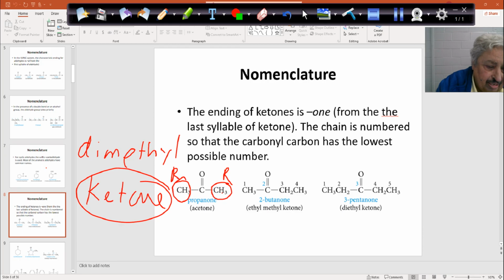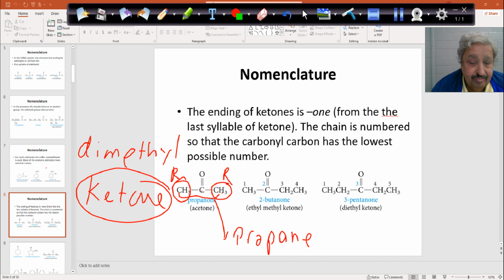So let me go on. I'll go back to benzaldehyde in a minute. So what's the real name of it? Well, the same thing we did with the alkanes, but now the ending will be different. This is 1, 2, 3, 3 carbons. That's propane, correct?